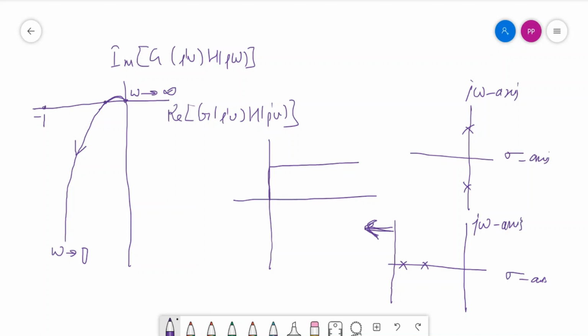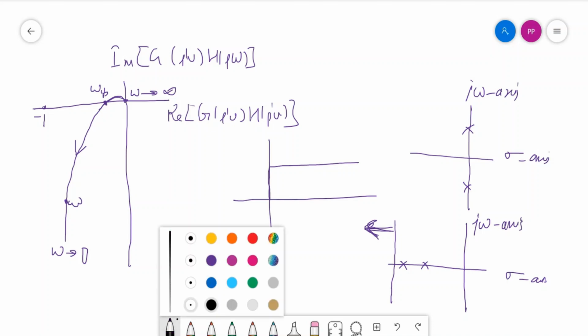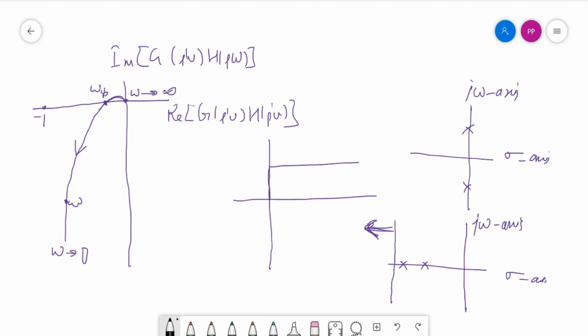In case of external perturbations, I am taking two situations: at the phase crossover frequency, omega crossover phase, and at some other frequency. In case of some external disturbance to the system, there is a modification in the magnitude or gain of the system. So the plot will change its dimensions within this radius.